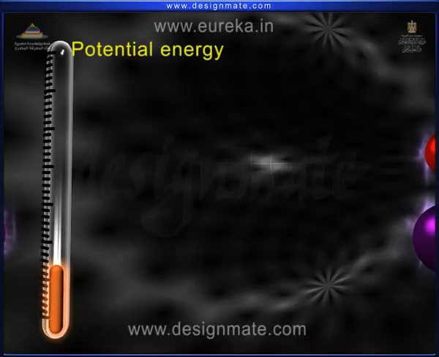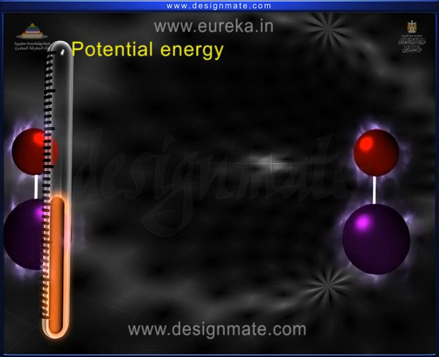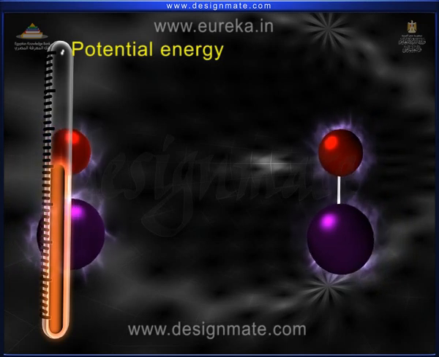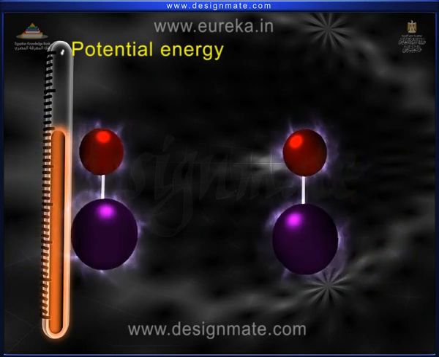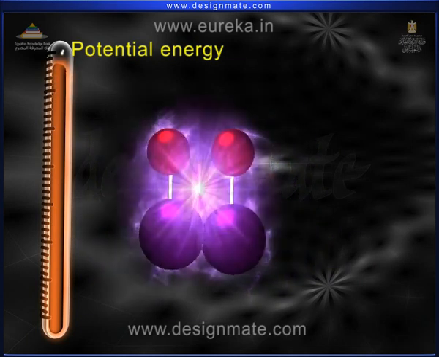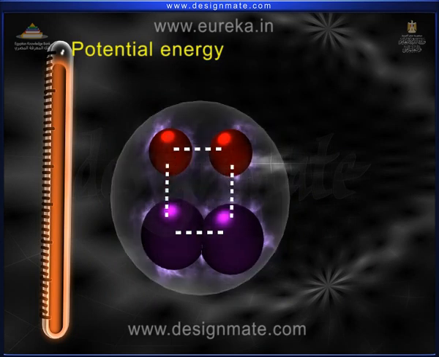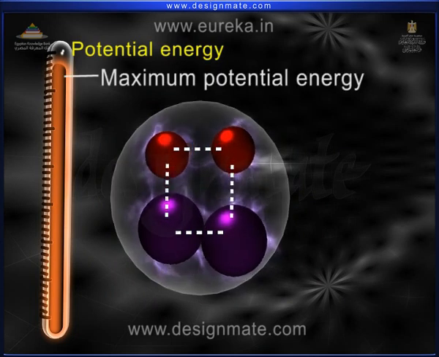As the distance between the molecules colliding fruitfully decreases, the potential energy of the molecules increases. When these molecules collide, first they combine and produce a molecule having a very short life and the maximum potential energy.